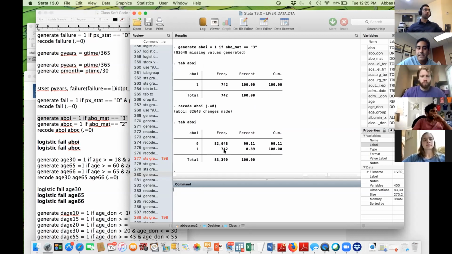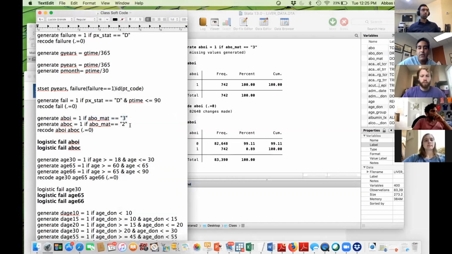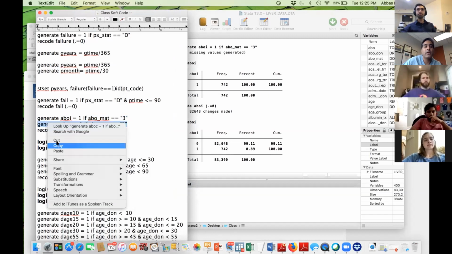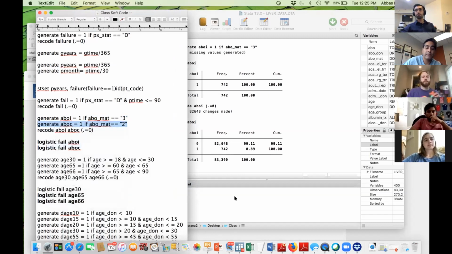Okay? I'm going to do the same thing for compatible but not identical. You guys know what compatible, not identical, is, like an O can give to an A, the A will accept the O, blood or organ, but they're not identical. And so that's what we call compatible. So here I'm going to go ahead and copy it.